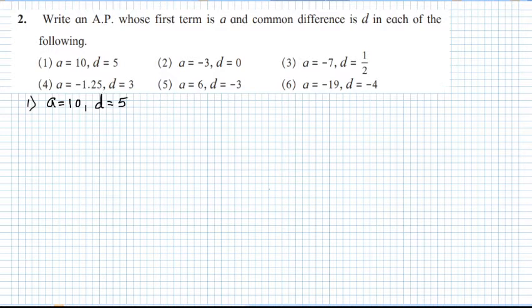Okay, and we need to make the AP. So how do we start now? See, if A is 10, 10 is the first term. Okay, and you want to find the remaining terms. That is what you have to do. We will find up to 3 to 4 terms. Of course, this AP will go up to infinite. We'll have infinite terms, right?